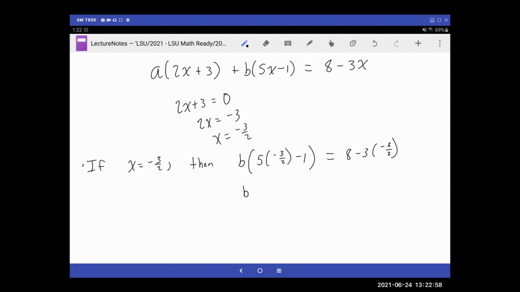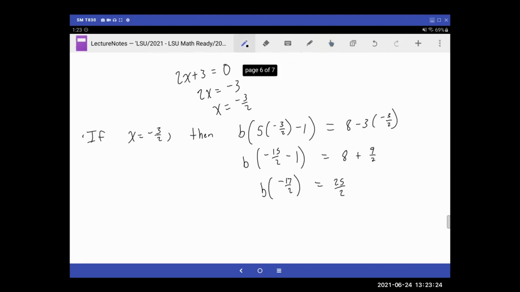So a times negative 15 over 2 minus 1 is equal to 8 plus 9 over 2. And then I'll quickly do these two. So that's going to be negative 17 over 2 a equals 25 over 2. To get rid of the negative 17 over 2, I'll multiply both sides by its reciprocal.